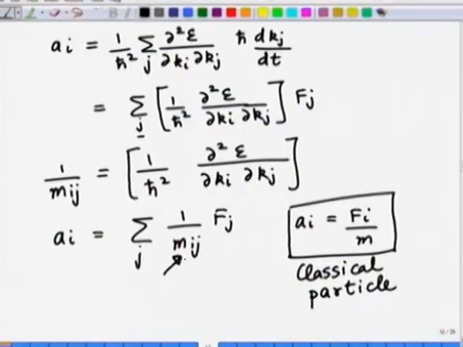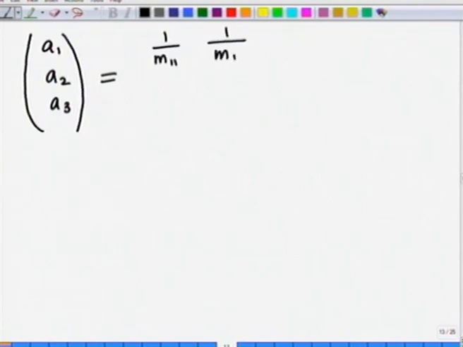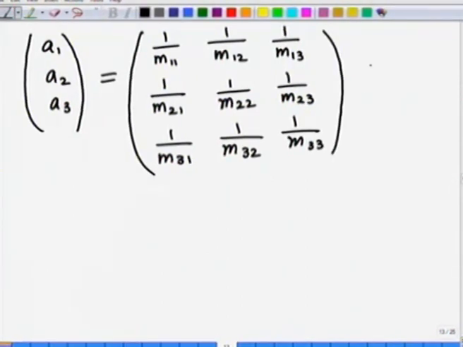So, essentially, I have the 3 components a1, a2, a3 equal to the matrix with entries 1 over M11, 1 over M12, 1 over M13, 1 over M21, 1 over M22, 1 over M23, 1 over M31, 1 over M32, 1 over M33, times F1, F2, F3.